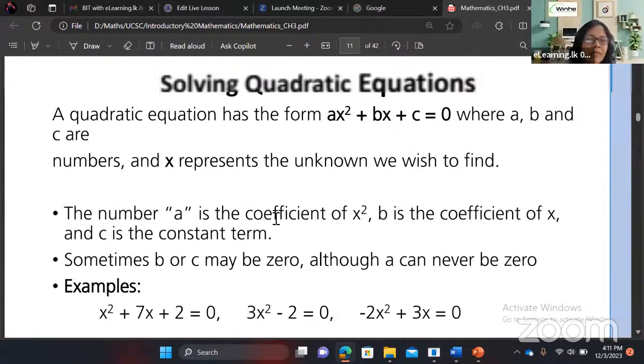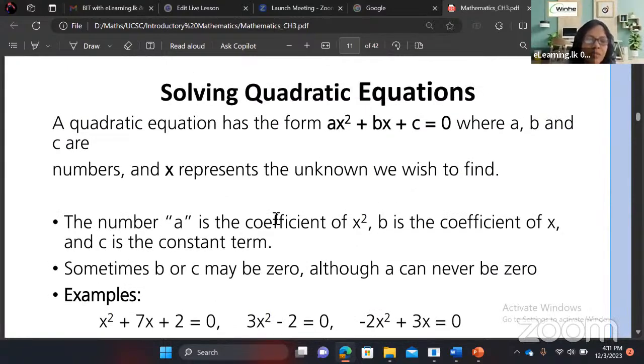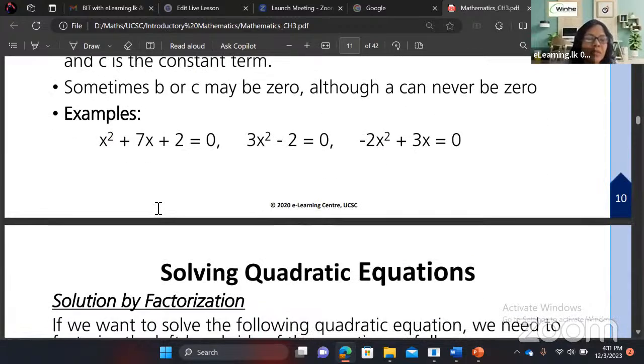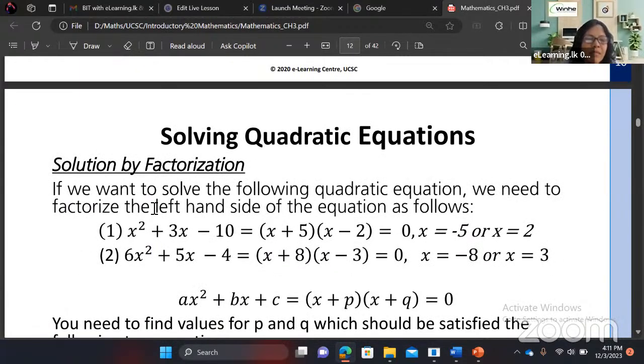So there we have named each coefficient. The coefficient of the variable with the power of 2, we call it the quadratic coefficient. Then the coefficient of the linear variable, we call it the linear coefficient, and the constant. Right? Then we learned how to solve the quadratic equation.